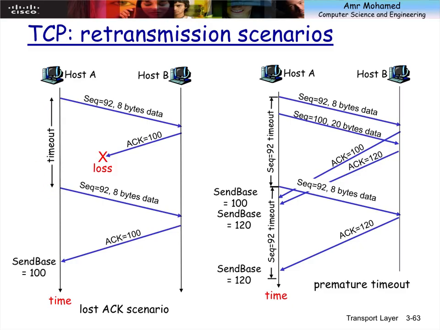The problem with this scenario is that the channel utilization is very low, but I was able to deal with it. There's no issue, and only when I receive the acknowledgement do I increase the send base. Here the sequence number is 92 and the segment size is 8, so the send base is 92 plus 8, which is 100. That's fine.